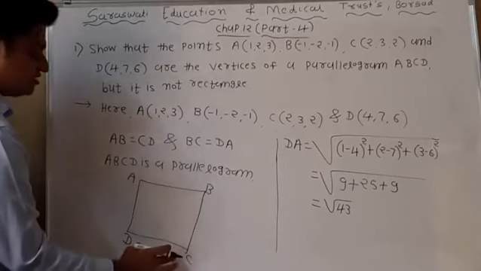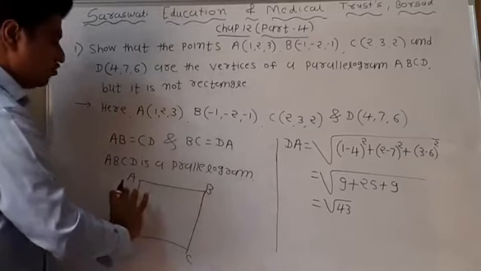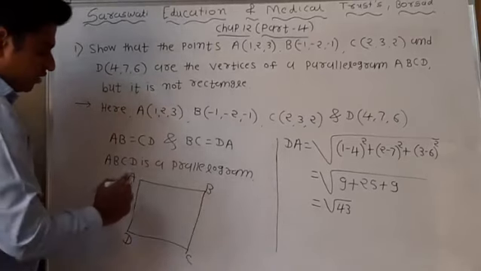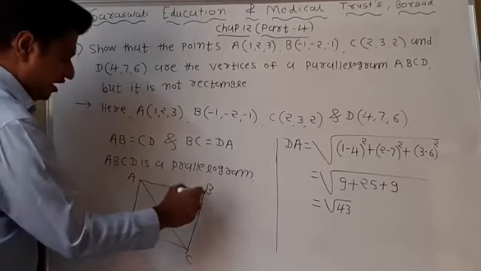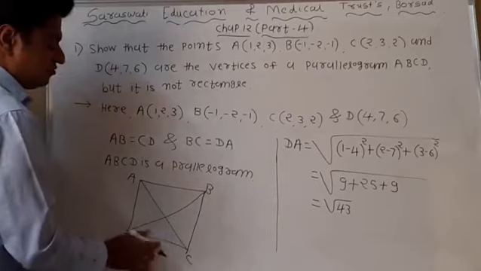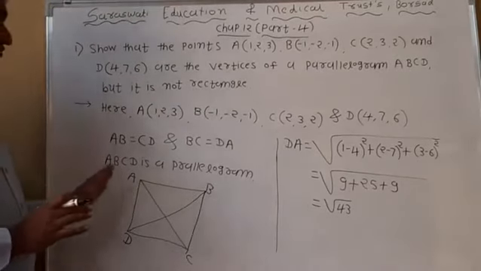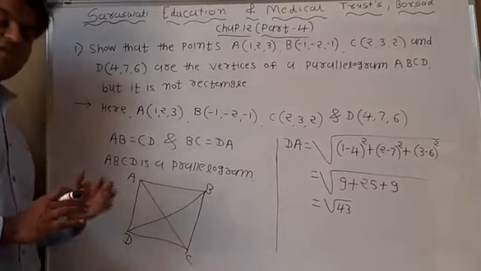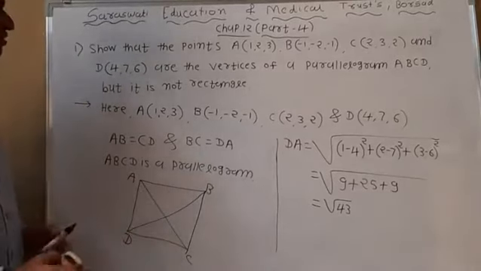Here AB and CD are equal, and in the same way BC and DA are both equal. Now if the diagonals AC and BD are both equal, then we can say it is a rectangle. Otherwise this is not a rectangle. So now find the distance of AC and BD.